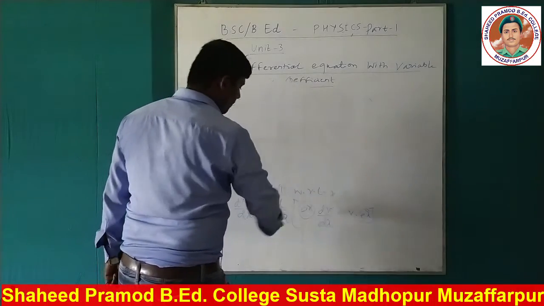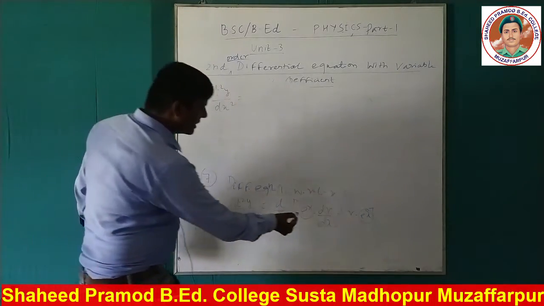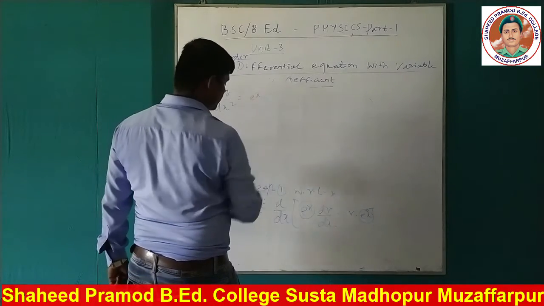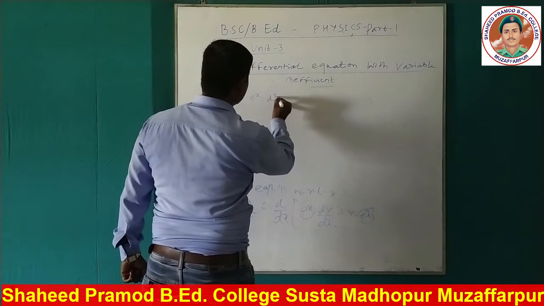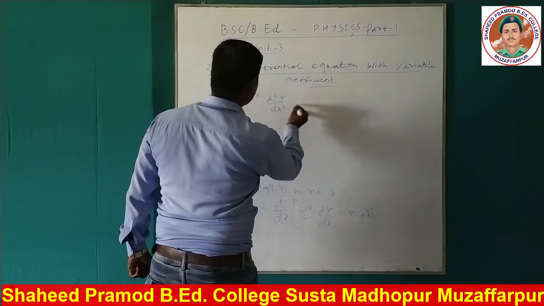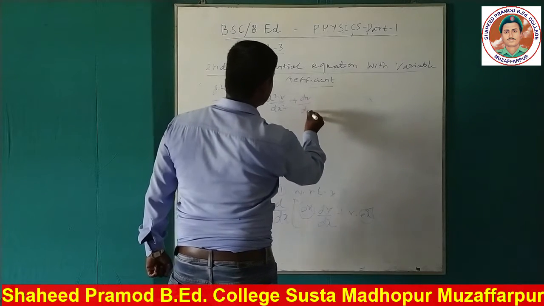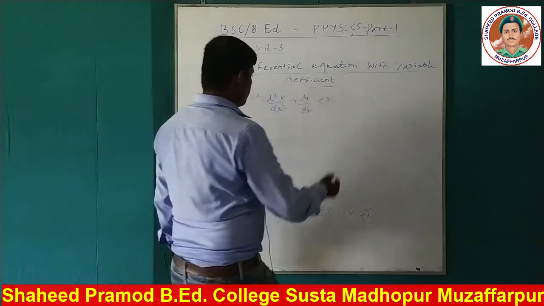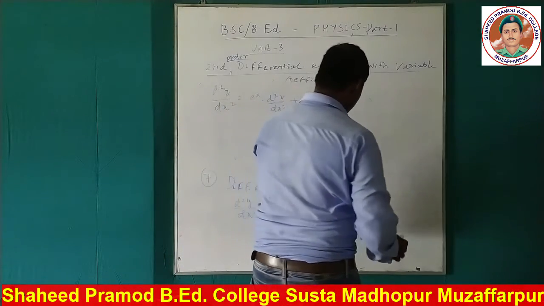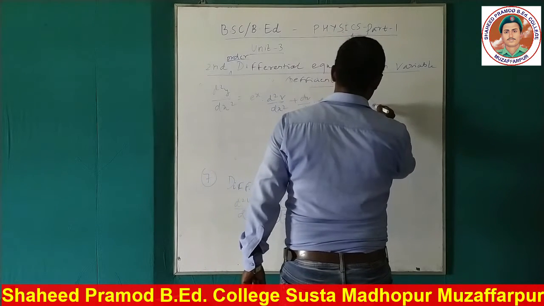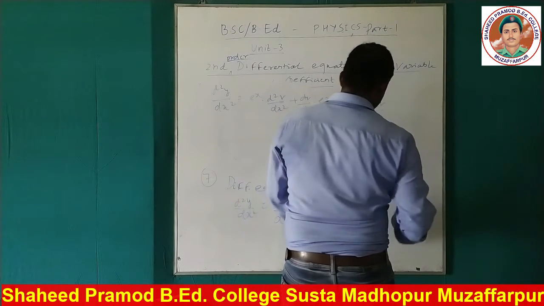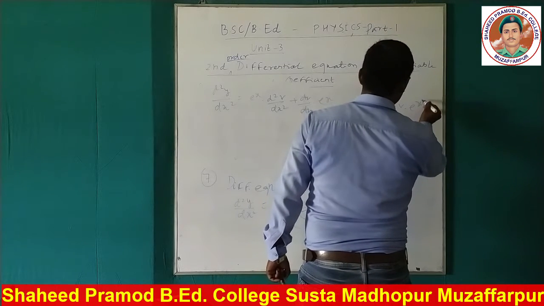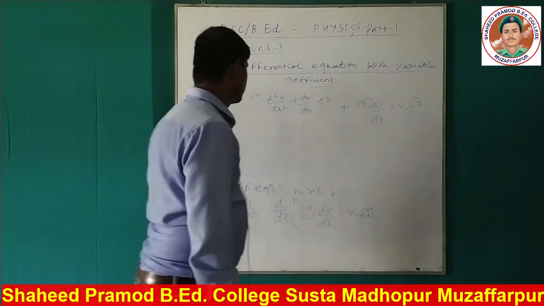Do not take it first of all, differentiate. So you have to differentiate first part. So first part will be how much? e^x taking outside, so it will be d2v upon dx square, again dv upon dx into e^x, because differentiation of e^x is e^x only, plus differentiate this one, so this will be e^x into dv upon dx, and you have to put v into e^x, because the differentiation of e^x is only e^x.